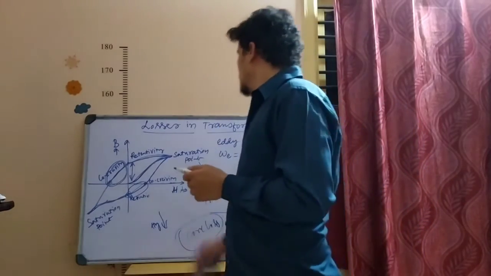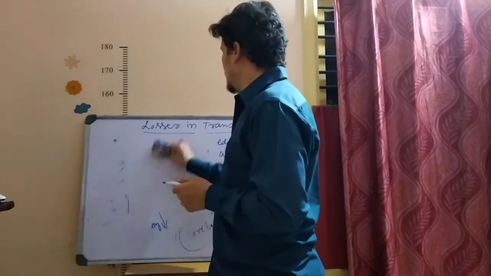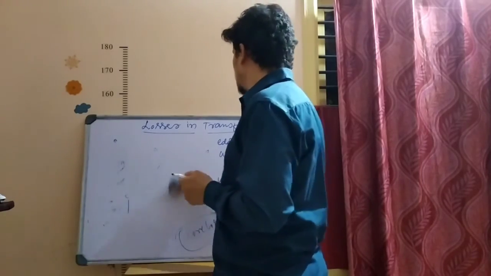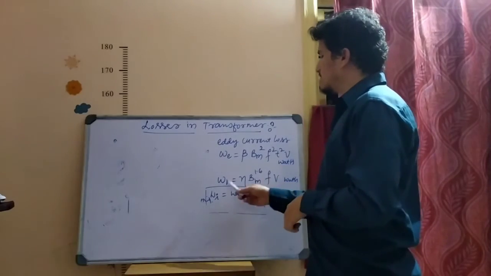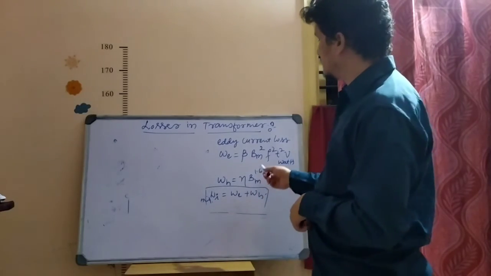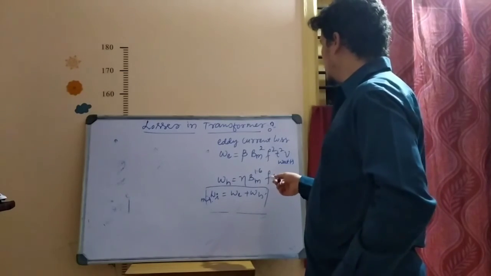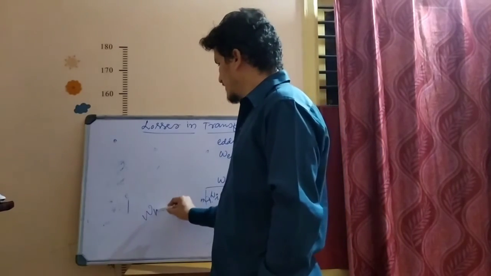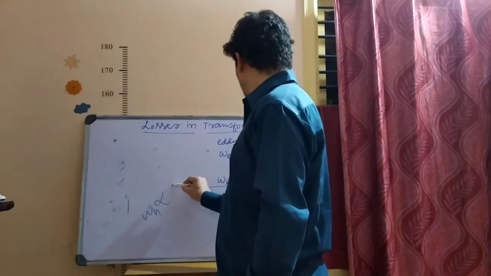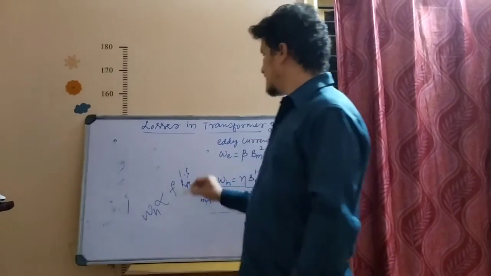Steinmetz proposed one more empirical formula for this hysteresis loss through his research, that is WH is equal to eta into Bm to the power of 1.6 into F into V. Means hysteresis loss is directly proportional to F and Bm to the power of 1.6.